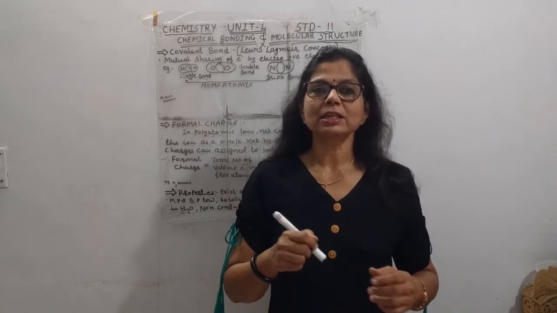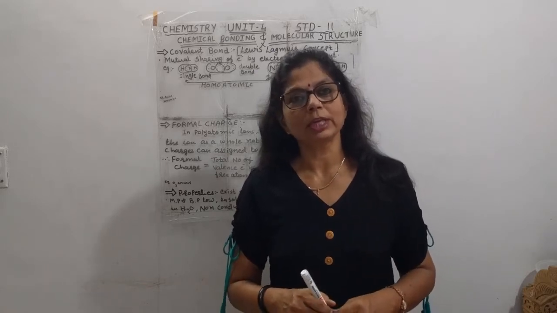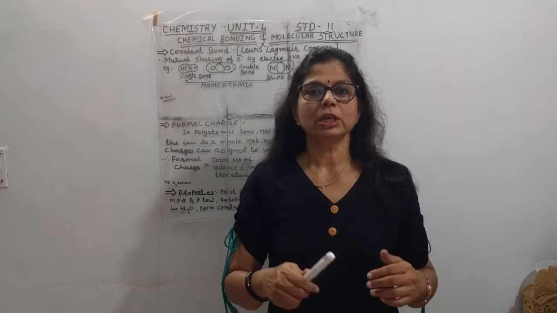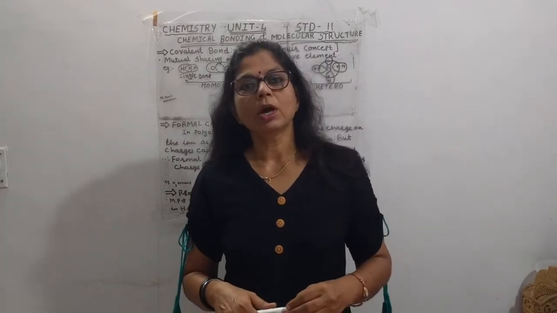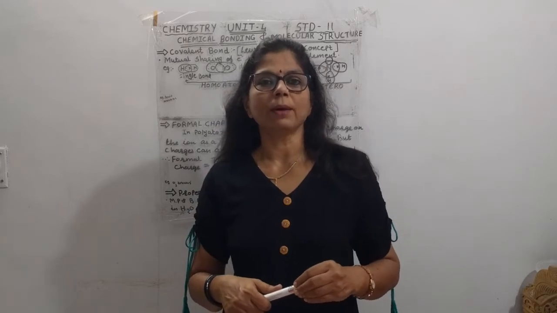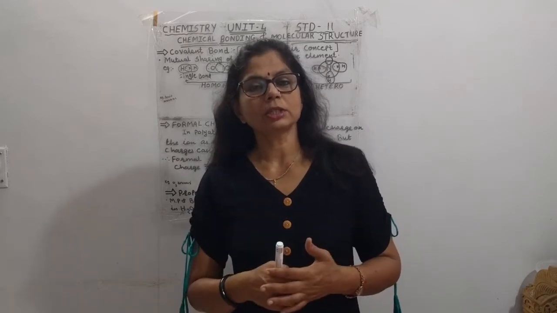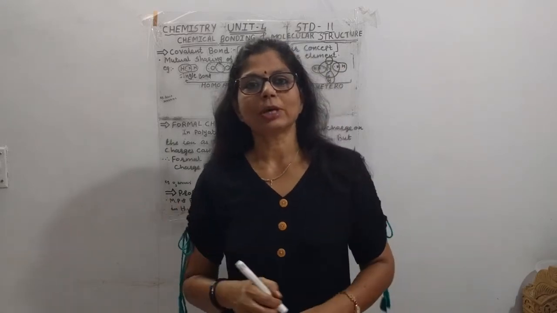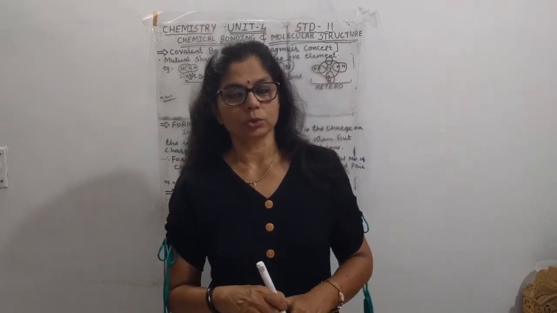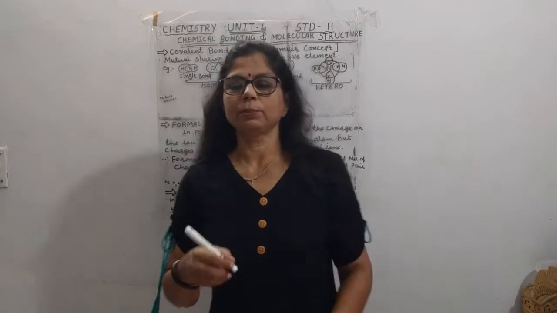But there are some heteroatomic molecules also which give covalent bonds. So in today's video, I am going to explain the characteristics of the covalent bond and some heteroatomic covalent bonds also. So now students, just look at the board.